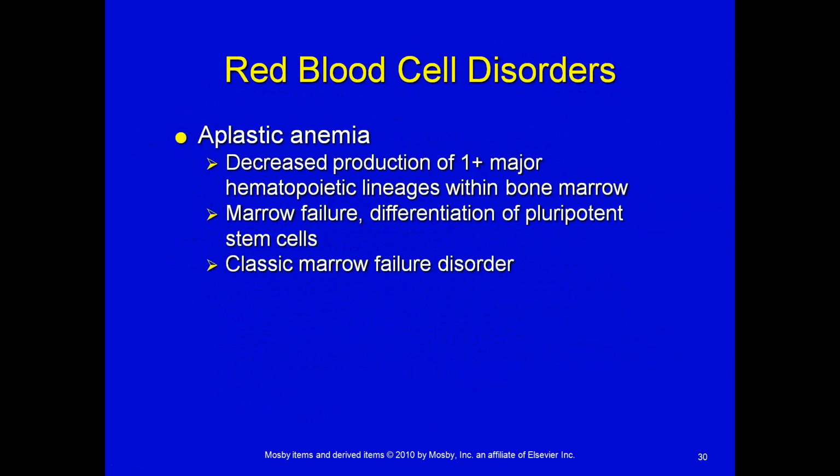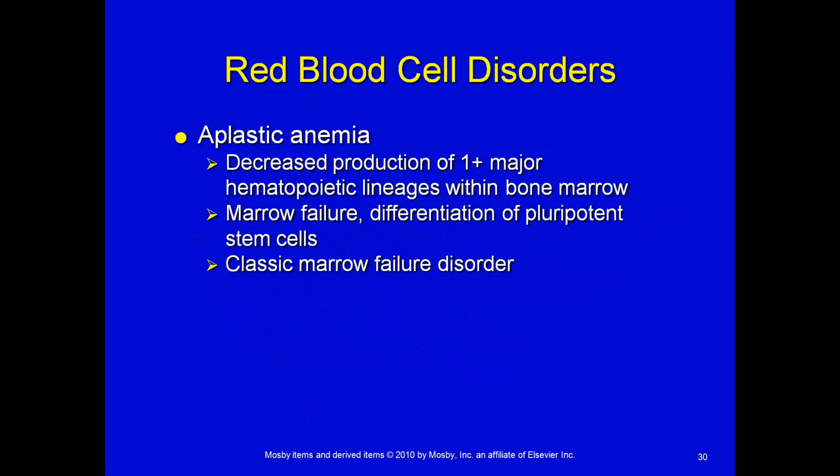So we'll look at some red blood cell disorders. Aplastic anemia is a decreased production of one or more major hematopoietic lineages within the bone marrow, and as a result, red blood cells are not produced as frequently as they should be.